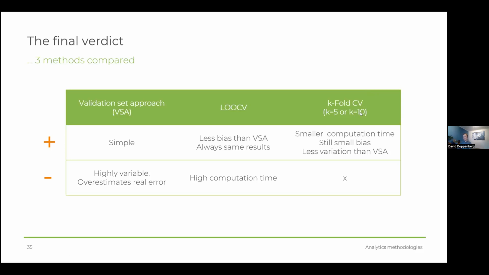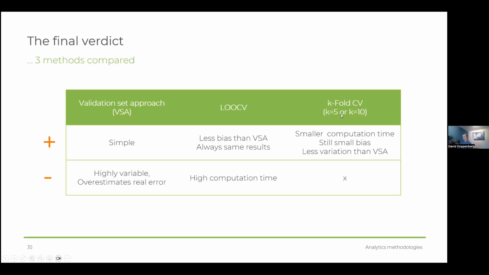Again, this relates to what kind of model you are using. If you have a model that takes a long time to train, you might want to use 5, because then you basically reduce the execution time of the algorithm by 50%. But when you pick k as 1 or k as 2, that's something you don't want, because then you're becoming closer and closer to a validation set approach.